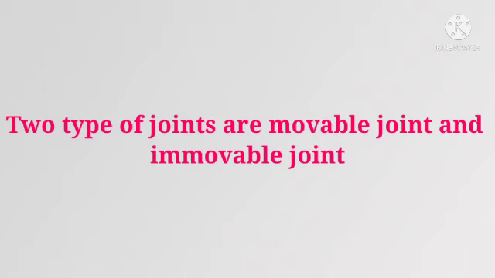Example for immovable joints is the joint in our skull. The joint in our skull does not allow any movement. That is why it is an example for immovable joint.